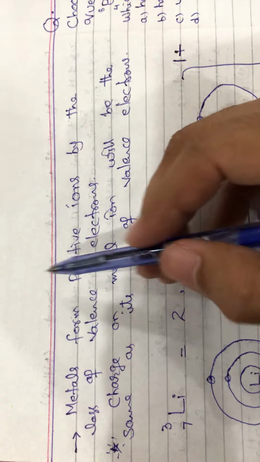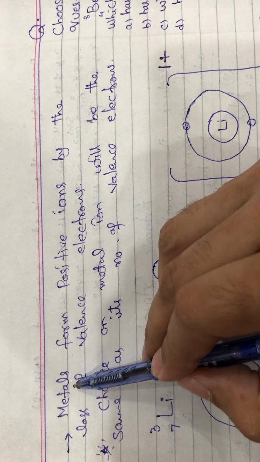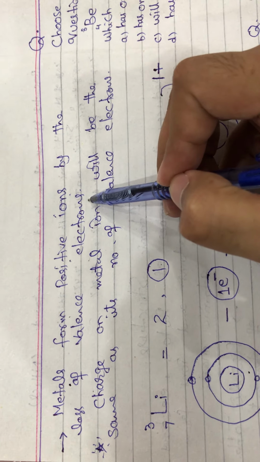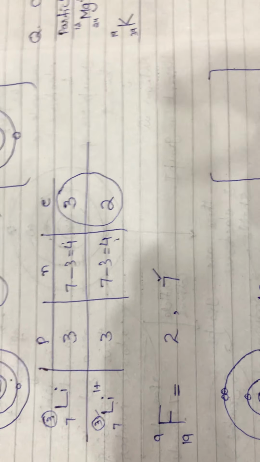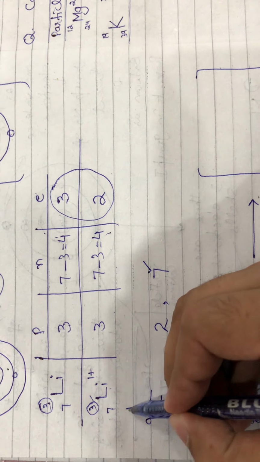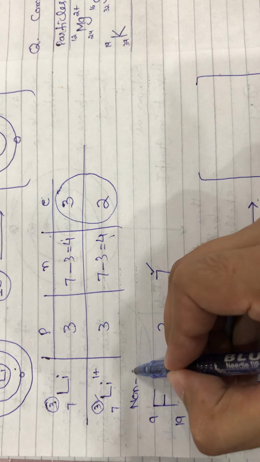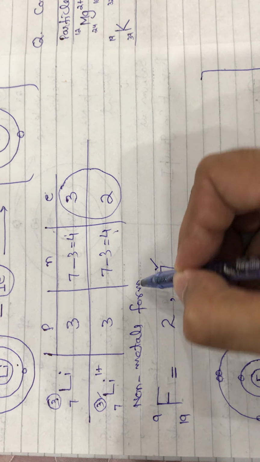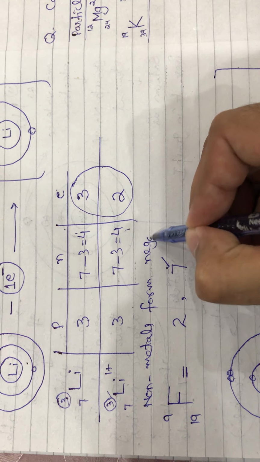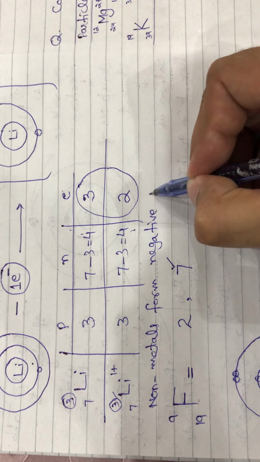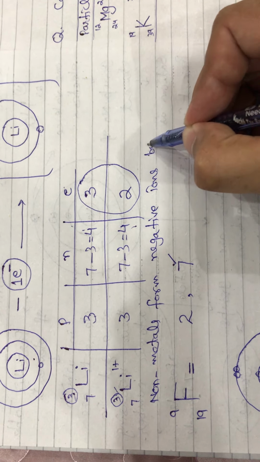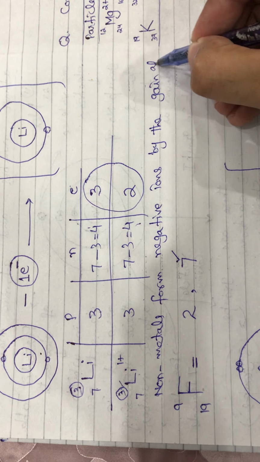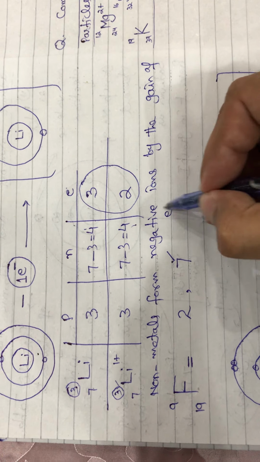Opposite to the metals, over here we have discussed that metals form positive ions by the loss of valence electrons, but over here we will write that non-metals form negative ions by the gain of electrons.